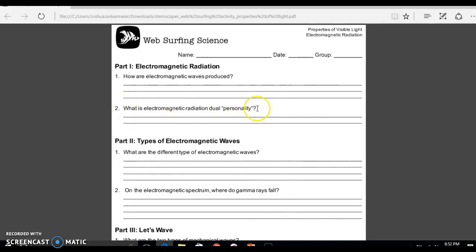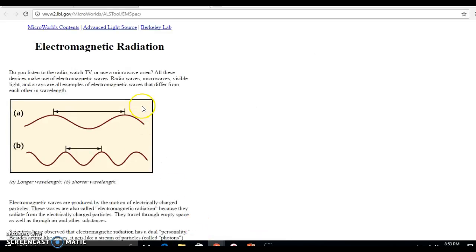What we need to do is find that information in there. We need to read through it and try to figure out how electromagnetic waves are produced. Just as an example, let's go and find it again. Right here, electromagnetic waves are produced by blank, blank, blank, blank, blank.